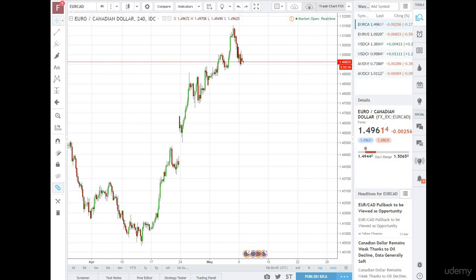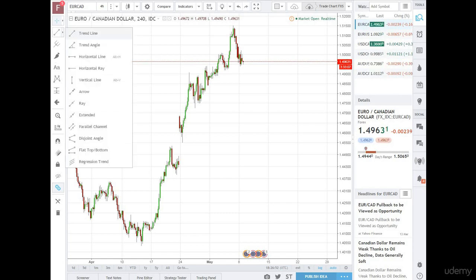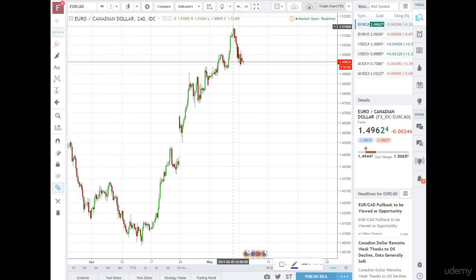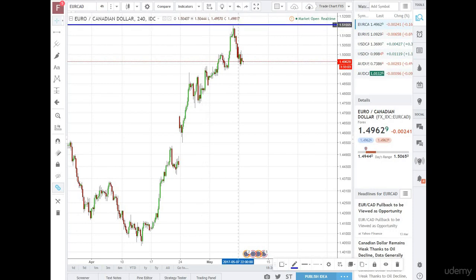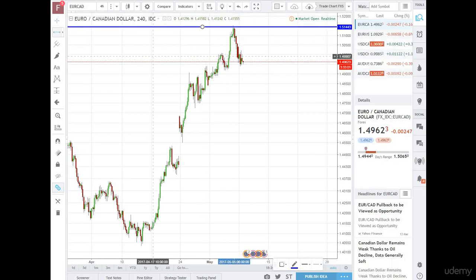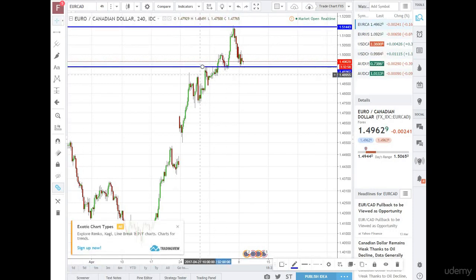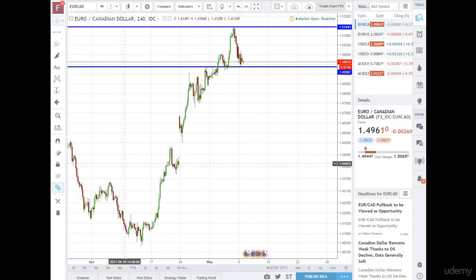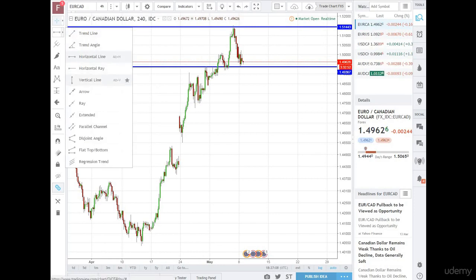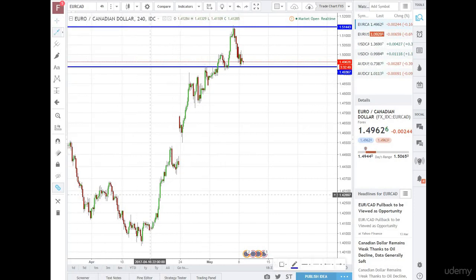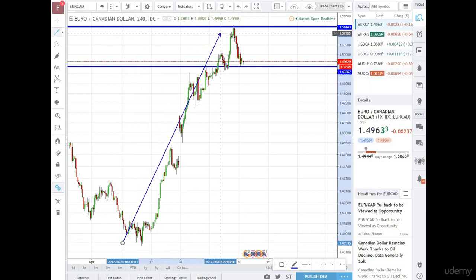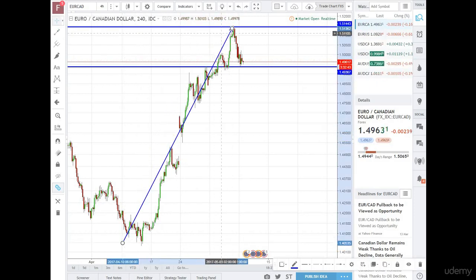Displayed in front of us is the Euro Canadian dollar 4-hour chart. If we put in normal fundamental price levels, a line of resistance where price was rejected to the upside, furthermore, a support level where price was held up and also rejected to the downside, it is clear to us that this currency pair went bullish from its lowest point all the way up to its reversal point.